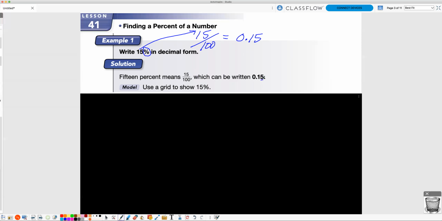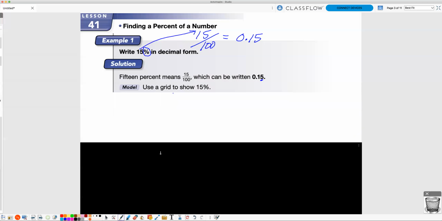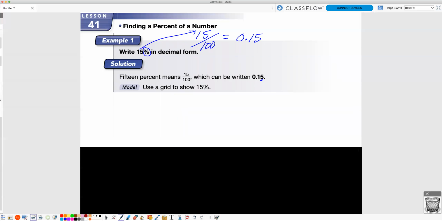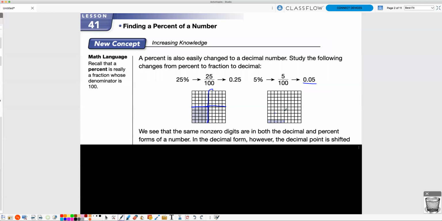You have to know that this is the hundredths place. If you were to use a grid to show 15 hundredths, you would have 15 of these shaded. So it'd be 1, 2, 3, 4, 5, 6, 7, 8, 9, 10, 11, 12, 13, 14, 15. That'd be 15 hundredths if it was shaded that way.